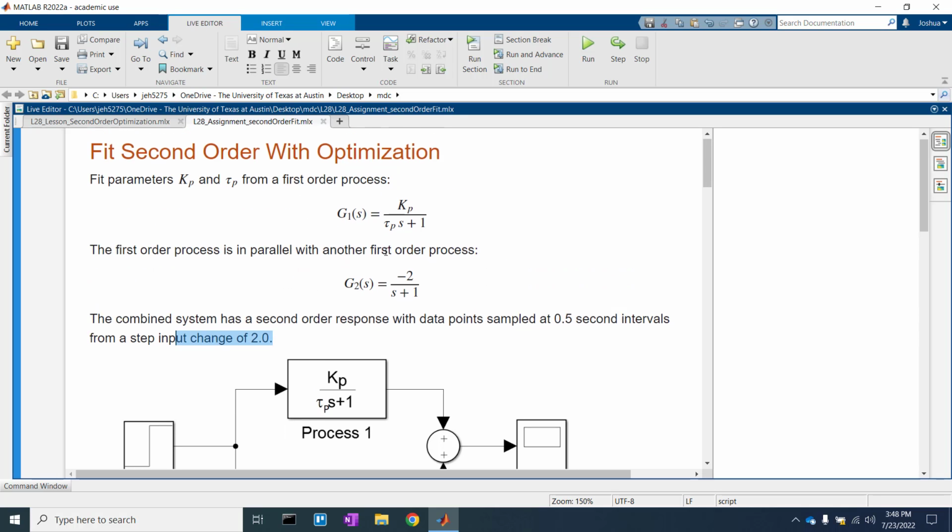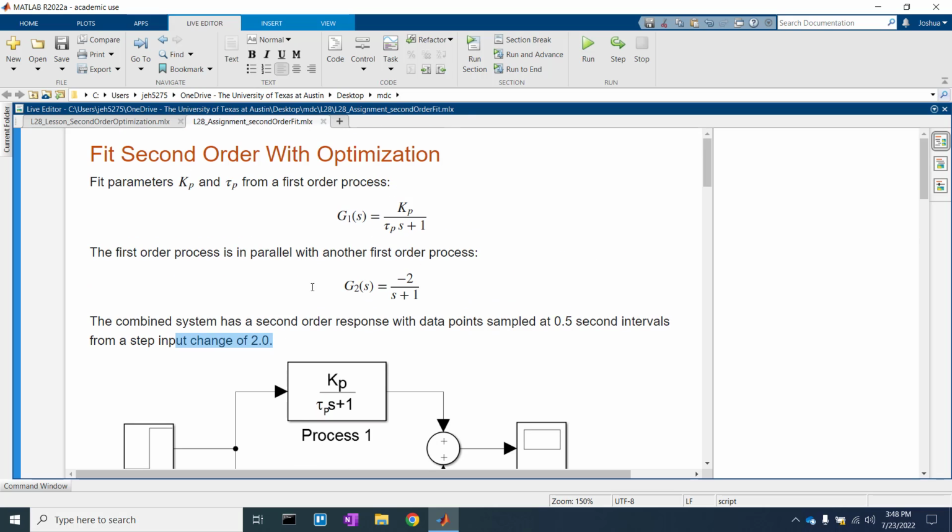And so with that, we really have just two variables. If we think about our system really quick, we have our u, which is equal to 2, and we have our two gains. So y, as a deviation variable, will be equal to 2 times g1 plus g2.